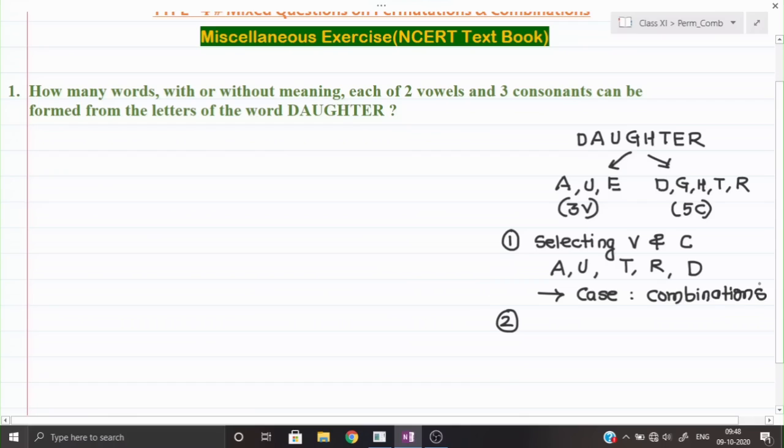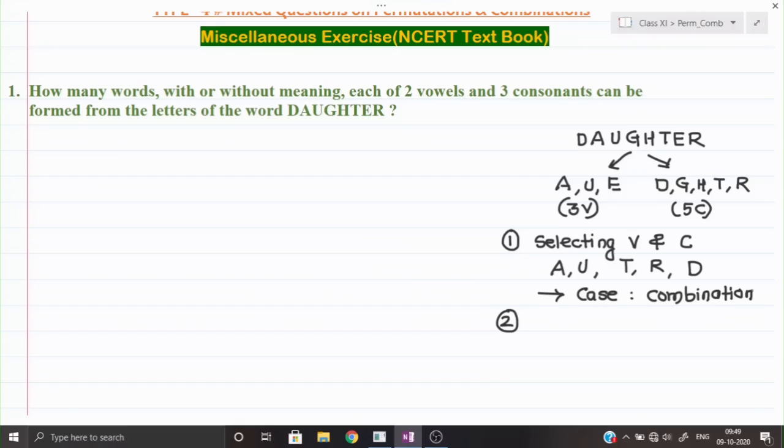From the 3 vowels and from the 5 consonants, you are selecting specific vowels and specific consonants. Out of 3 vowels we are selecting 2, and out of 5 consonants we are selecting 3. So remember, here a case of combination will work.